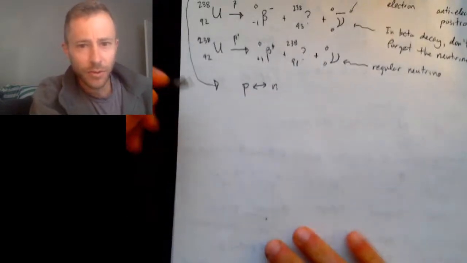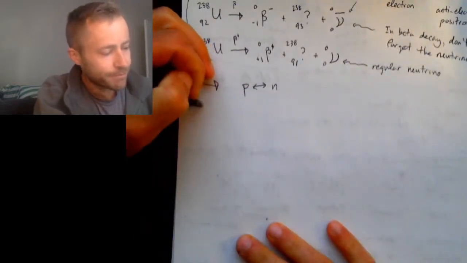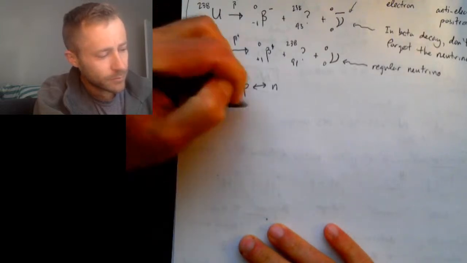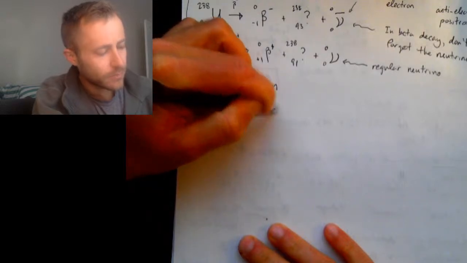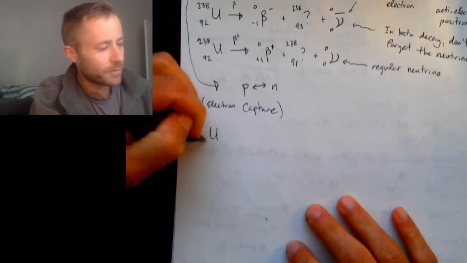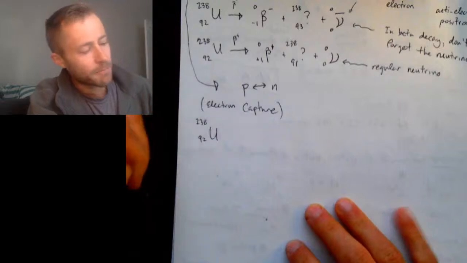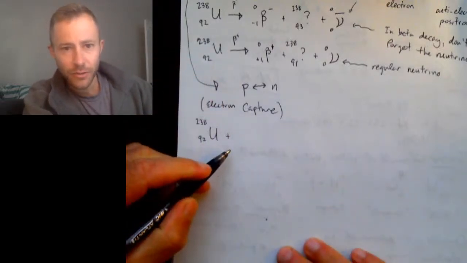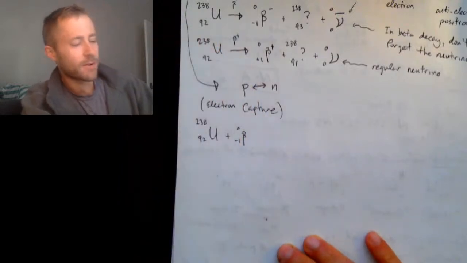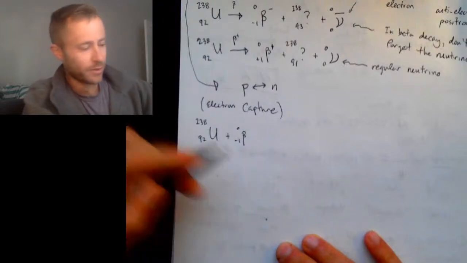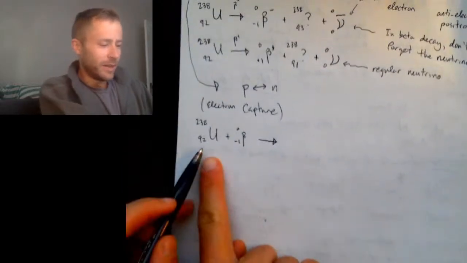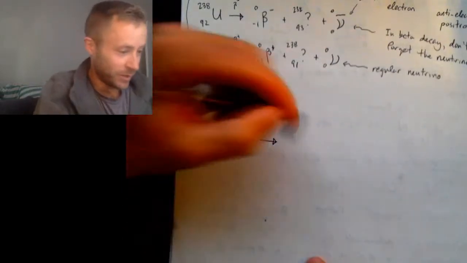You can also have something called electron capture. Electron capture actually has the electron as a reactant, not as a product. So you have a beta minus. You're capturing an electron. We know that 92 plus -1 is going to be 91.